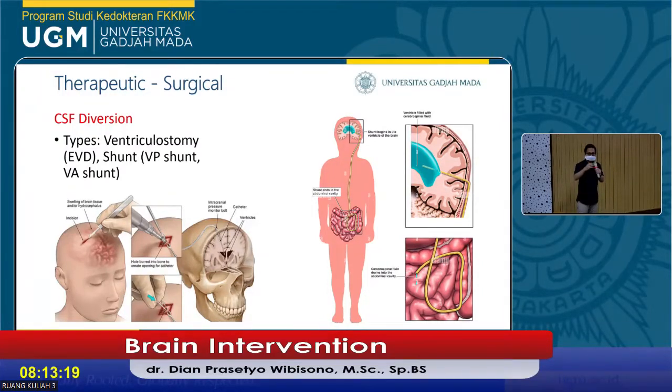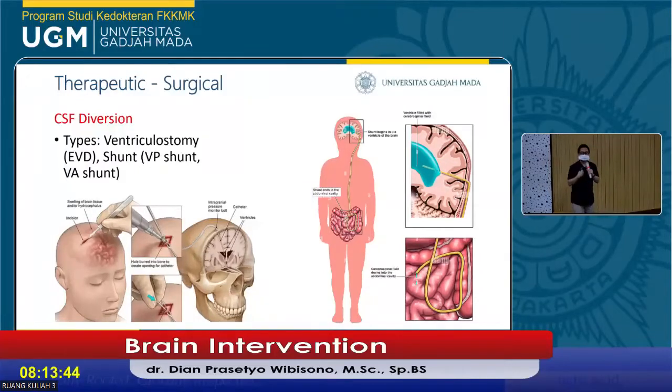So if we drain the CSF from the ventricle to the peritoneum, we call it ventriculoperitoneal shunt. So like right here, ventriculo, and then we put it to the peritoneum, ventriculoperitoneal shunt. It will be absorbed in the peritoneum. If you use another space, for example, VA means ventriculoatrial.